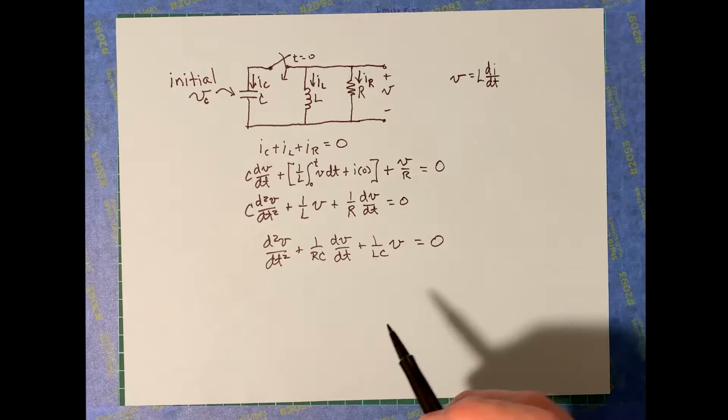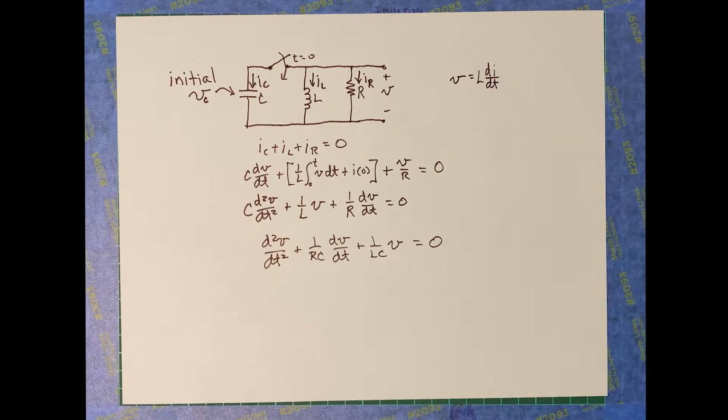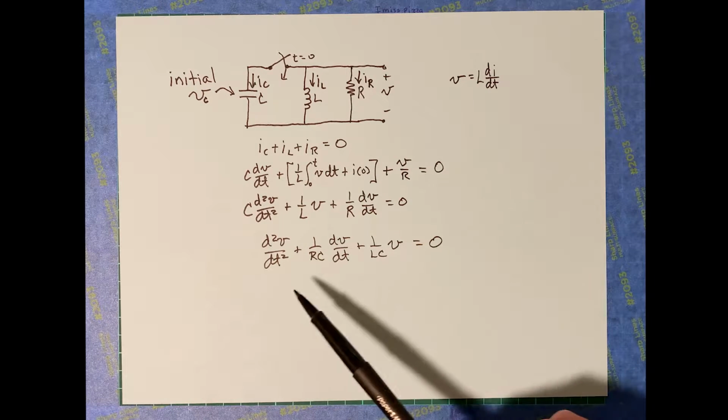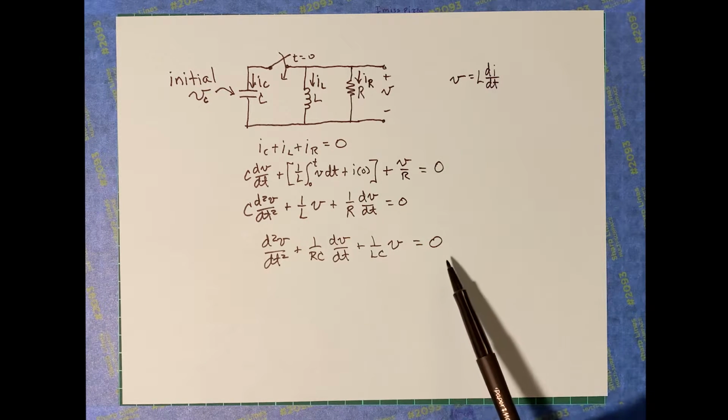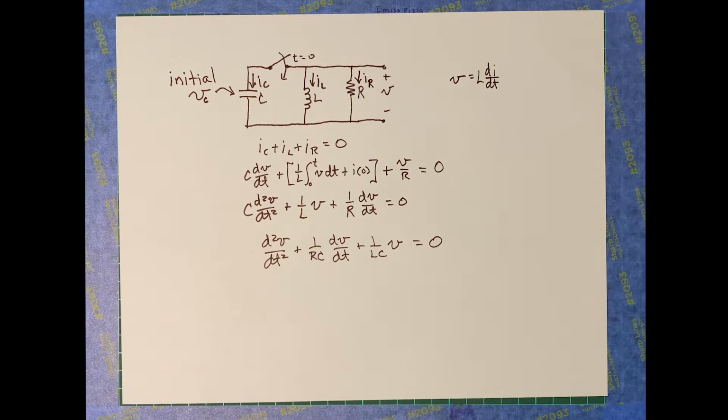Now ask yourself, does that equation look familiar to you? Is it anything that we have seen so far in this class? If your answer is yes, then you don't know what you're talking about, because we've never seen this before in our class. This is a homogeneous second order ordinary differential equation. You cannot solve this by separation of variables and integrating through.